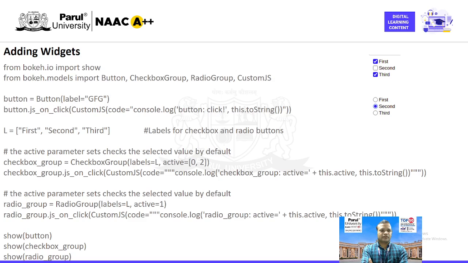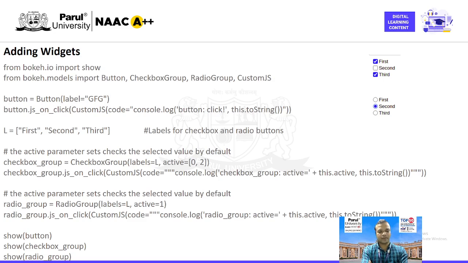Button is equal to Button, label you can give GFG, and button.js_on_click with CustomJS code: console.log, button, function click, this, two string. And L is equal to first, second, and third labels for the checkbox and radio buttons. The active parameter sets the selected value by default.